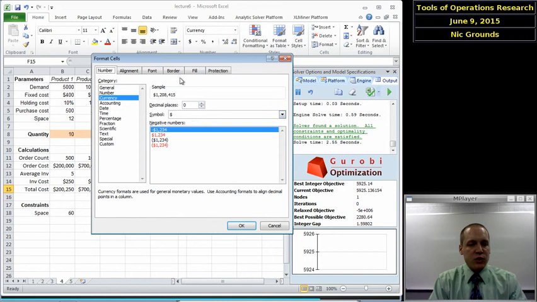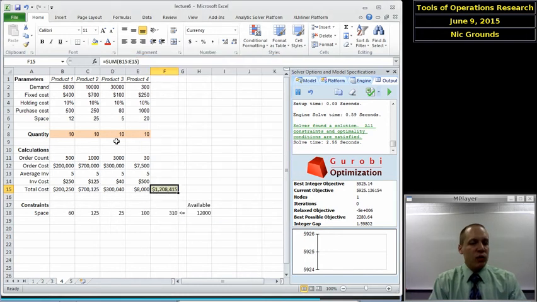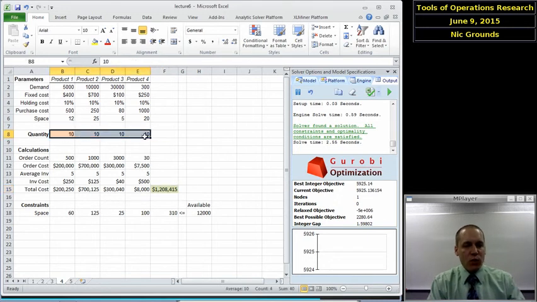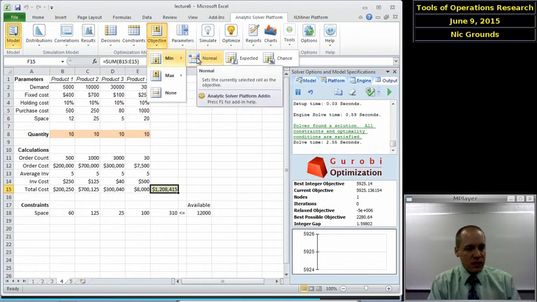We want to choose how much of each product to order at a time to minimize the number of orders so we can minimize ordering costs, but also minimize the average inventory so that we minimize the inventory costs, subject to our space constraint. So these 4 cells are our decision variables, and the total cost computed here is the objective we want to minimize.